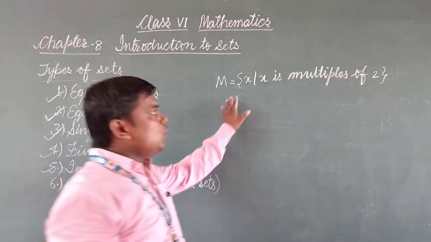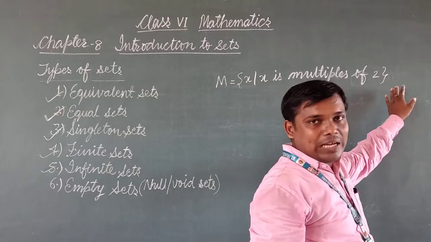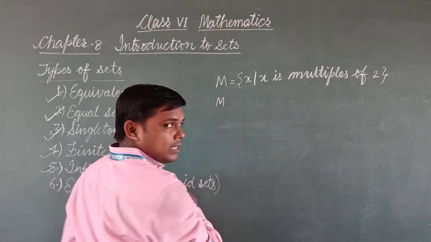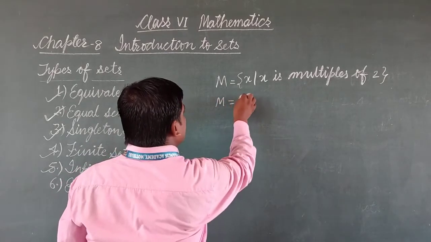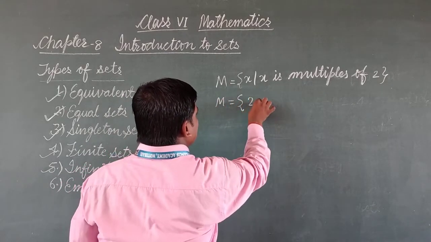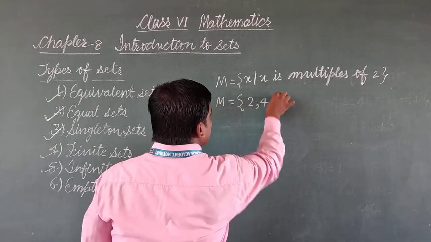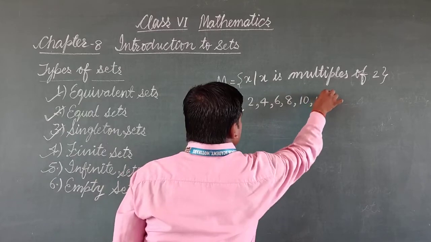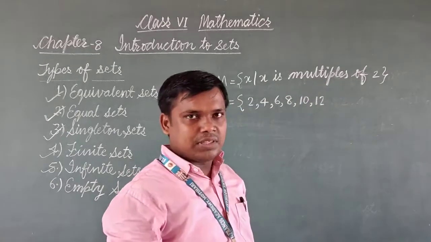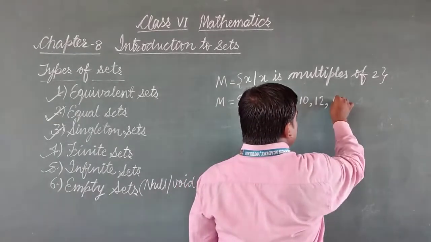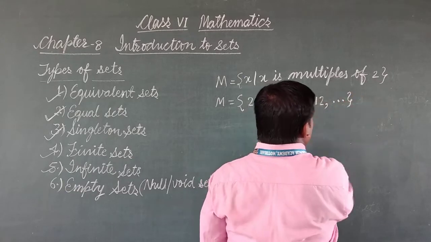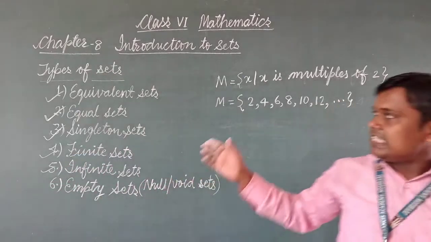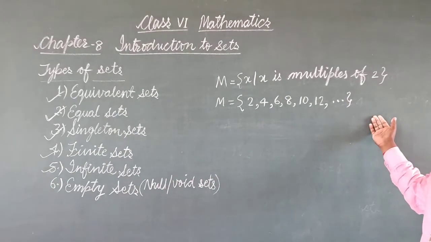Now there is no limitation of elements of set here. If you will write in roster form or tabular form, you will write 2, 4, 6, 8, 10, 12 and so on. There is no limitation. So we generally put 3 dots and finish it. Means this set is an infinite set.